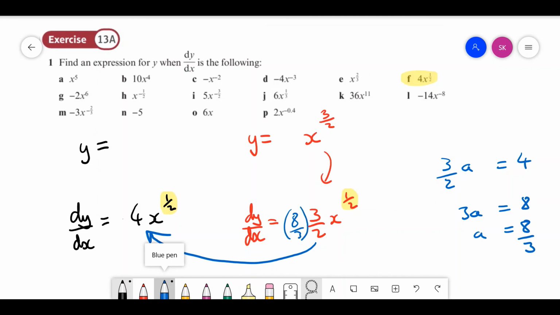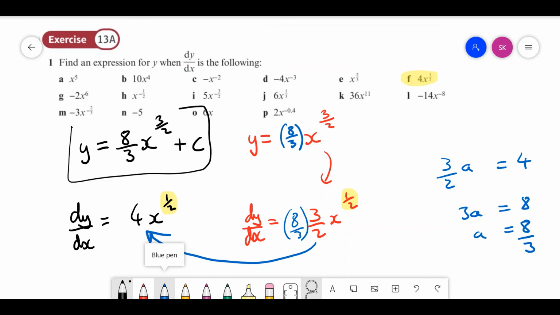So that's what I'm going to times my constant by, which means my constant up here is 8 over 3, which means my answer must be 8 over 3x to the 3 over 2 plus c. Don't forget about the plus c. And so this is the answer to question 1f.